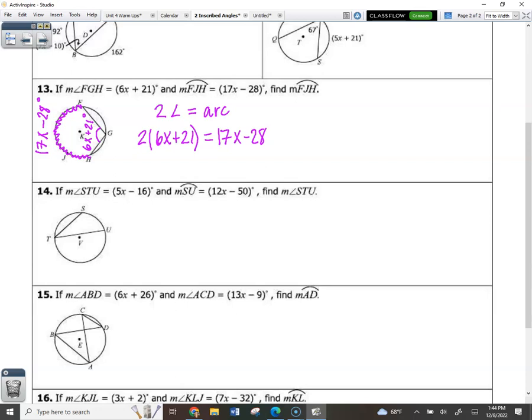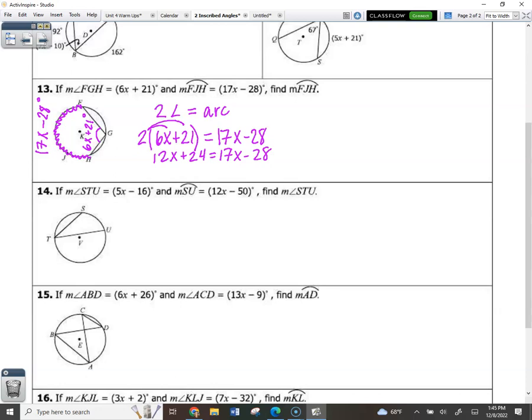Now, when you go to double that, you have to remember to do what with that 2? Distribute. Now you have a good old-fashioned multi-step problem on your hands.